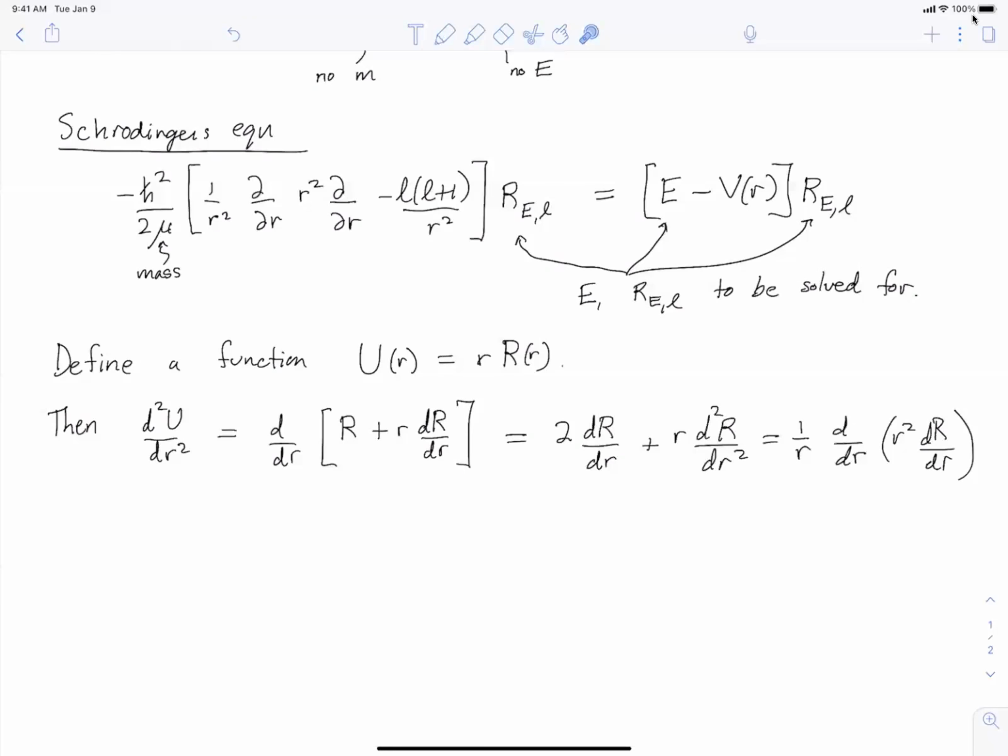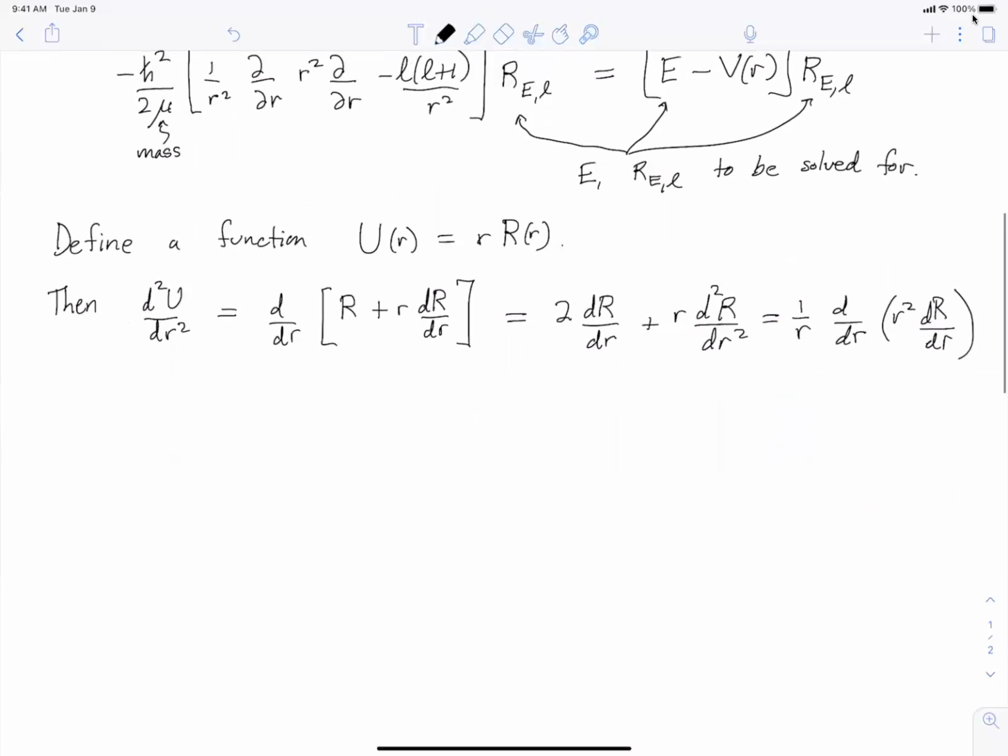So we recognize that that is almost the same as this. It just needs an extra 1 over r factor. And so we can plug that in, plugging in u for big R everywhere.